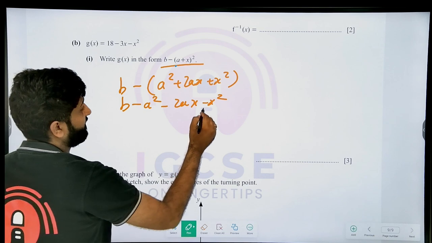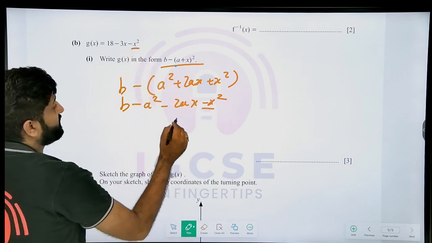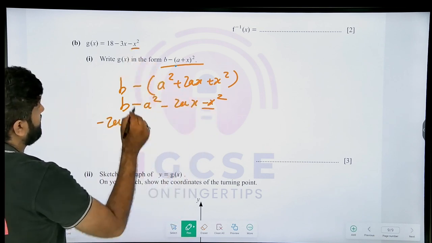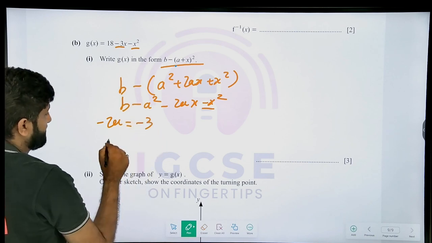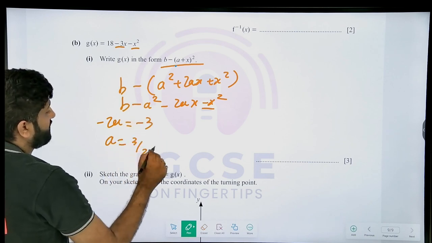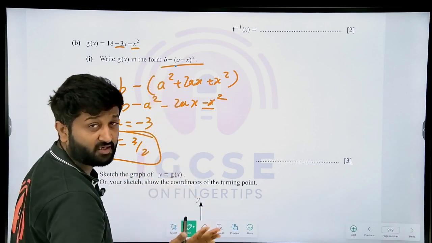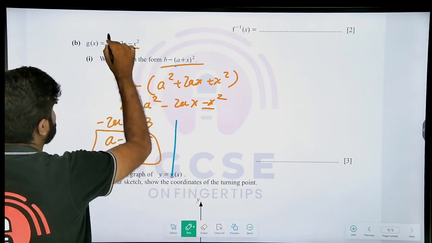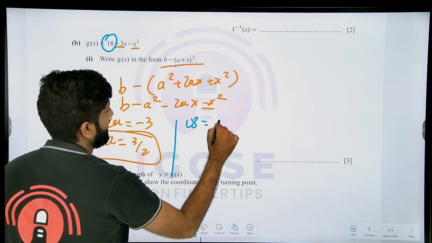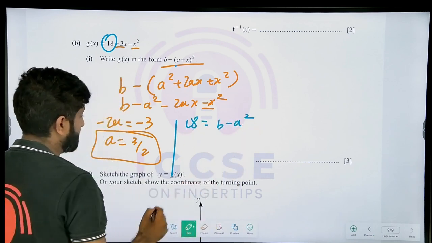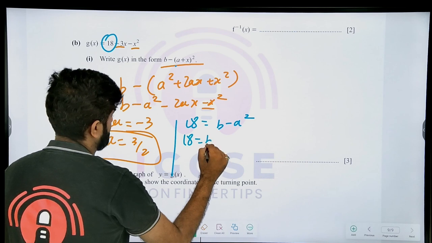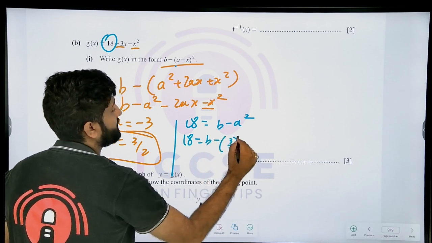So the coefficient of x square is minus 1. The coefficient of x is minus 2a, the coefficient is minus 3. A is equal to 3 by 2. Now the constant term, the term that does not have x, is 18 over here, and here I have b minus a square. So 18 is equal to b minus (3 by 2) square.